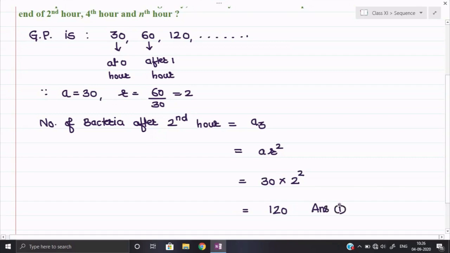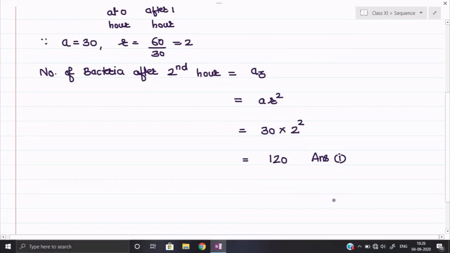Okay, there are 3 separate answers they are asking. Now see, they are asking the number of bacteria after 4th hour. So we will write down number of bacteria after 4th hour.